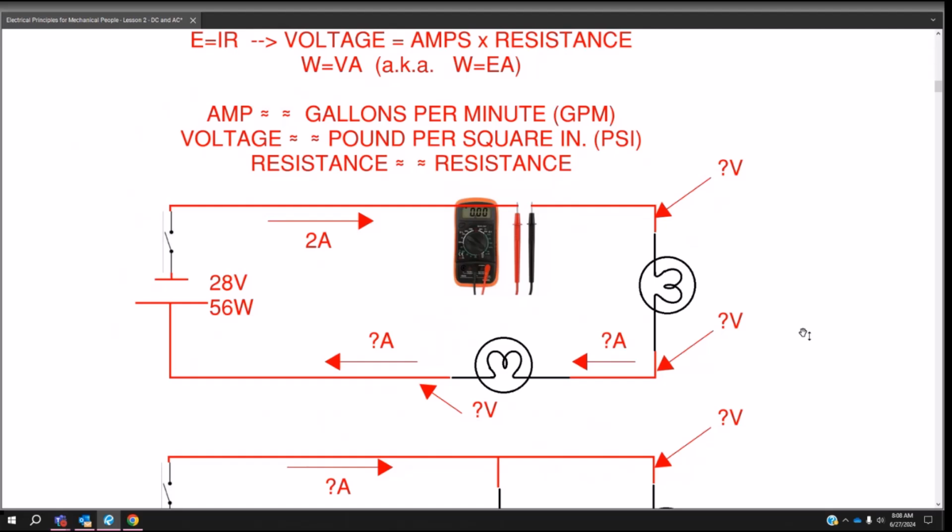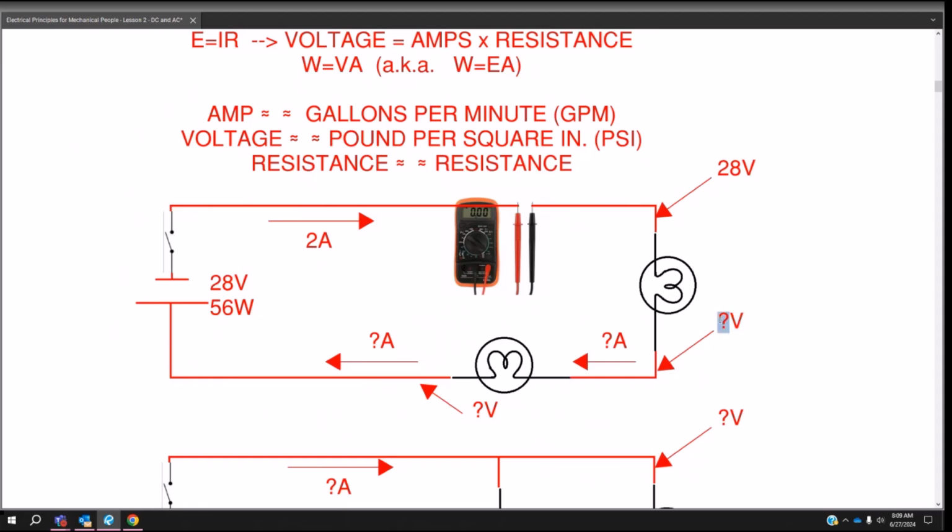So is it 14, taken on the high side of this lamp? Because it's before, is it the total, which is 28? And then between the two is 14, and then after is 7.